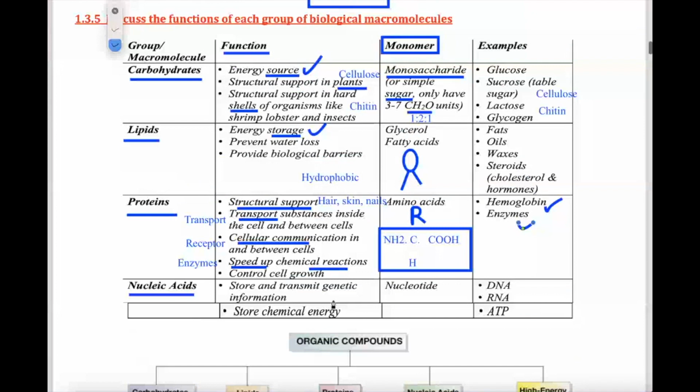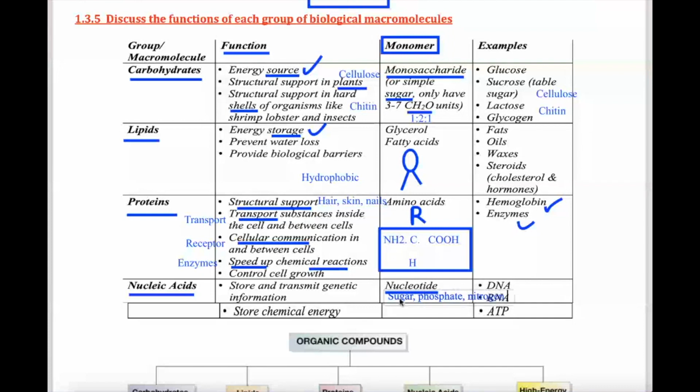Nucleic acids are made up of nucleotides, and each nucleotide is made up of three components. The three components we studied: sugar, phosphate, and a nitrogen base.